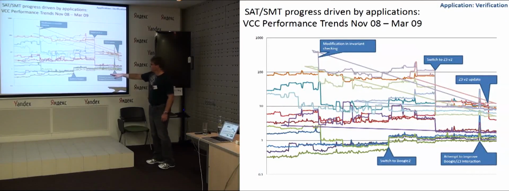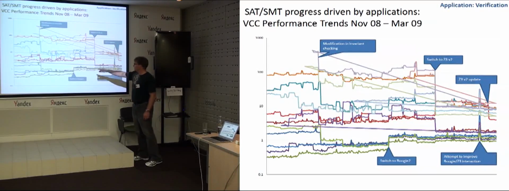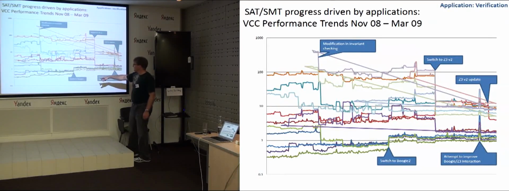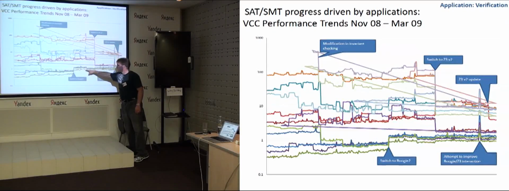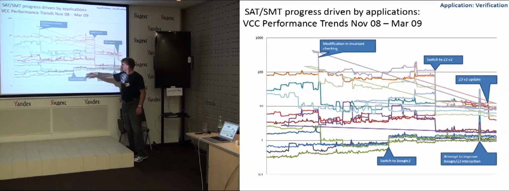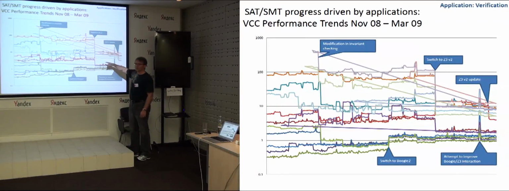In some cases, the verification time got slower, and when we changed the intermediary verification format, the encoding of verification conditions, it got slower, and then when we improved the theorem prover, it got maybe 100 times faster in some cases.